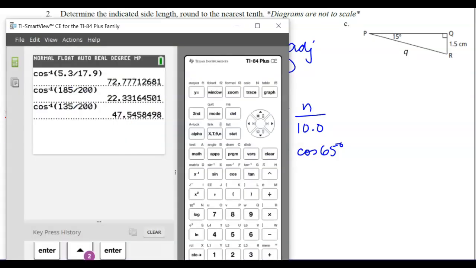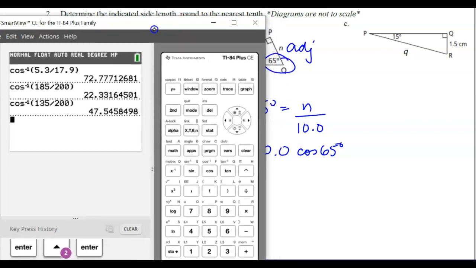I'll go back to my TI, and I'm going to enter 10 cos 65. You don't even have to use the multiplication symbol. Okay, so you can just put 10 cos 65. Notice how I'm not pressing the second key or the shift key, because I'm calculating a side. I only press that button if I'm doing the angle. Okay, and this is 4.2.